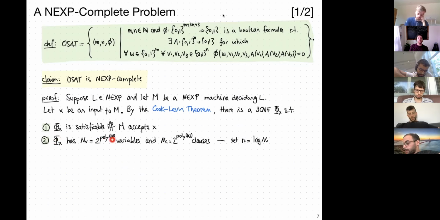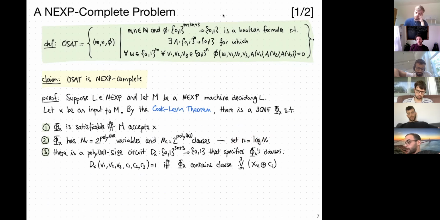It would have 2 to the poly of x variables, and it would have 2 to the poly of x many clauses, right? So just to not worry so much about this 2 to the power of stuff, let's denote by capital N, we'll choose n to be log of capital N. This way we deal without all of these factors, just also for convenience.